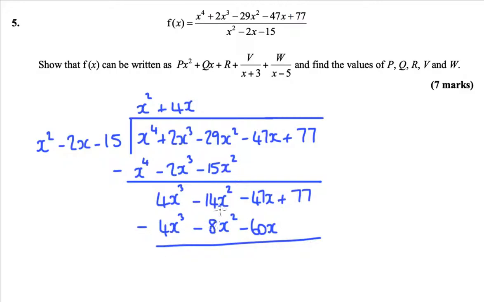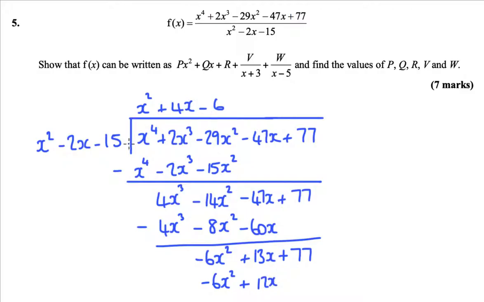Minus 14 plus 8 is minus 6x squared. Minus 47 plus 60 is 13x. And we've got the 77. x squared into minus 6x squared is minus 6, which goes down here. Minus 6 times minus 2x is positive 12x.